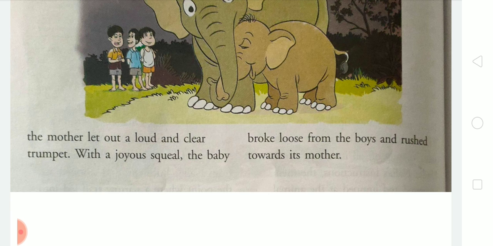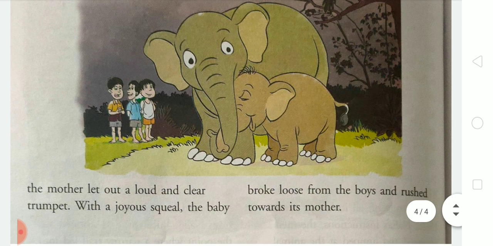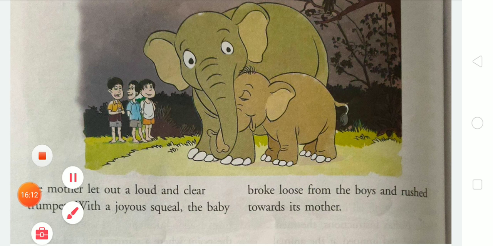Finally, the three boys were successful in their rescue, and they got the baby away from Nalia's clutches. Now they brought the baby calf to his mother, and the baby calf became very happy to find his mother.